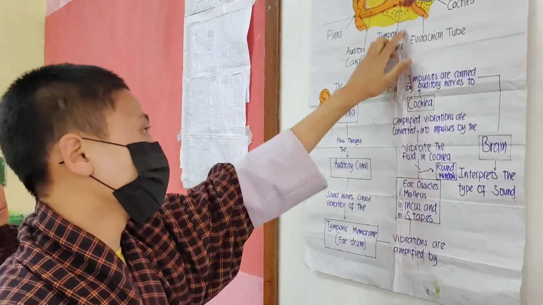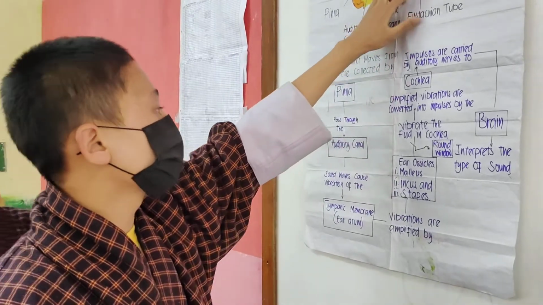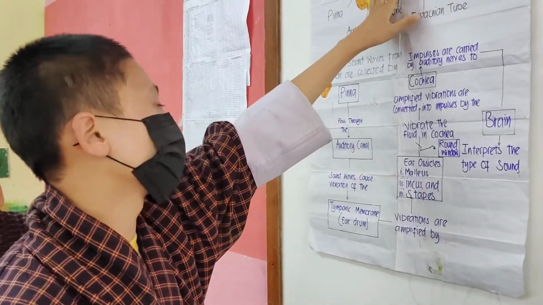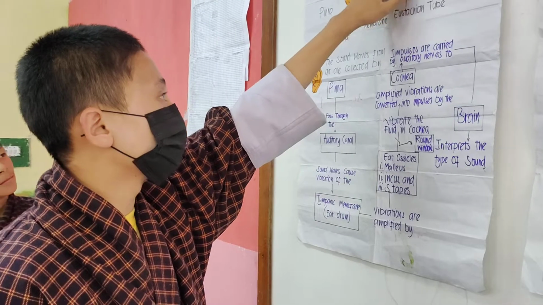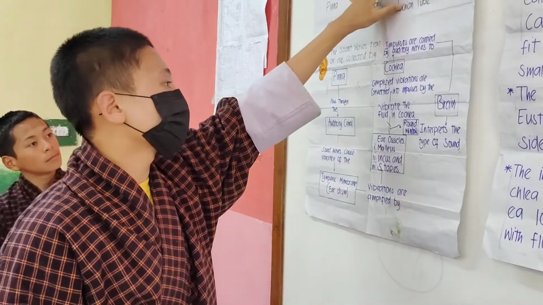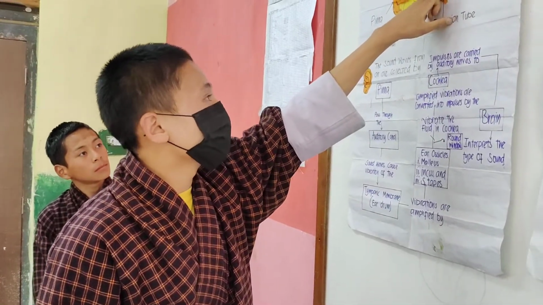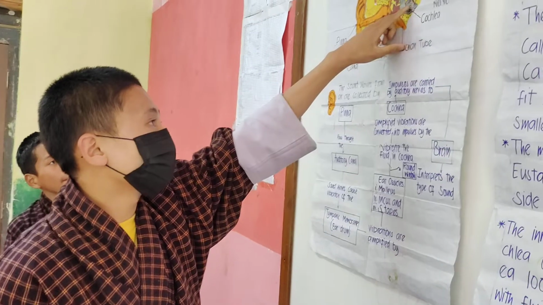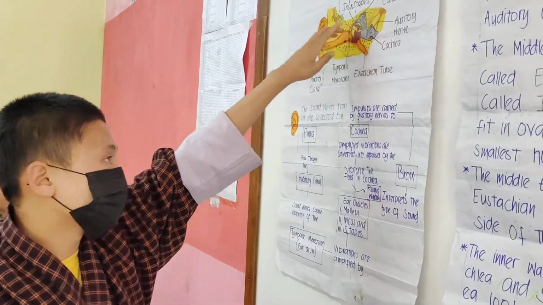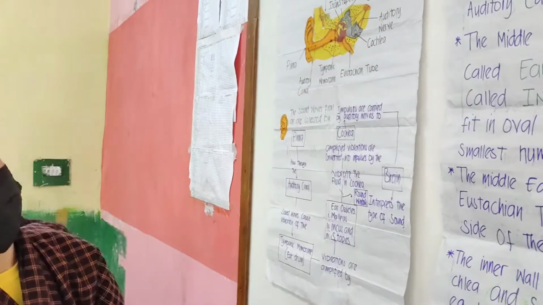And it vibrates in the cochlea, round window, and the amplified vibrations are converted into impulses by the cochlea. The impulses are carried by the auditory nerve to the brain, and the brain will recognize what type of sound it is.